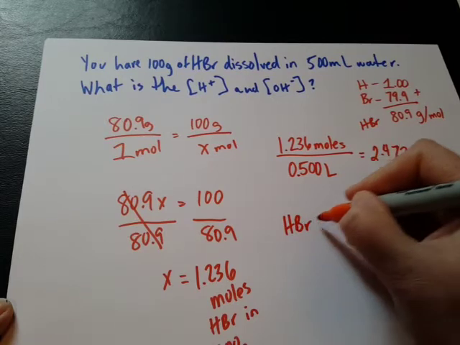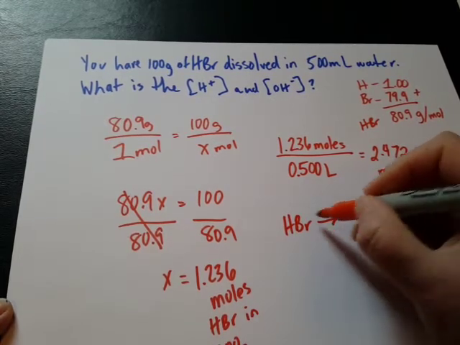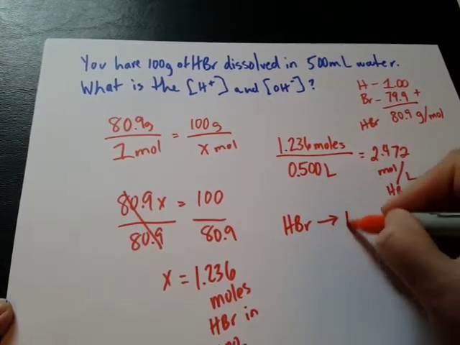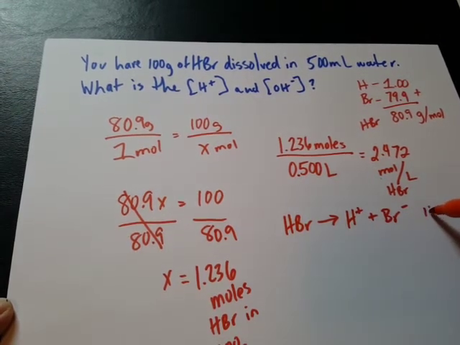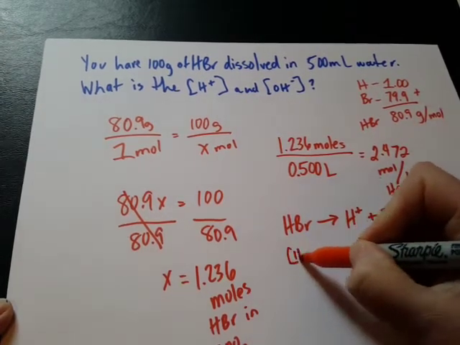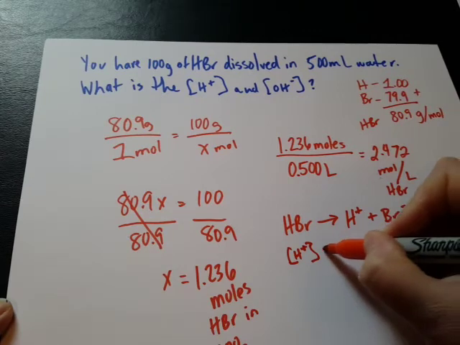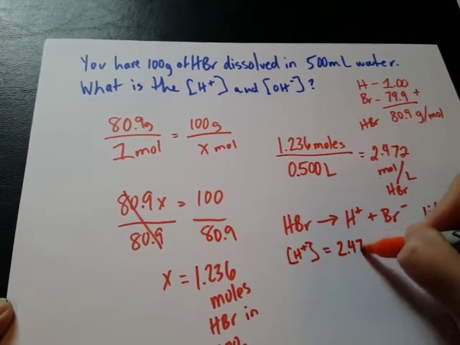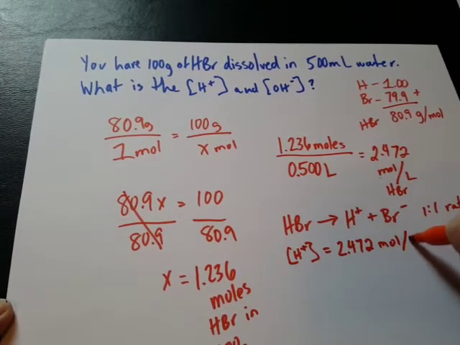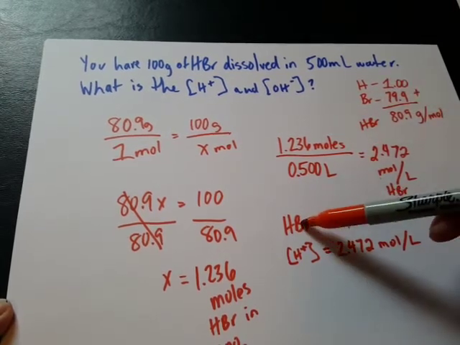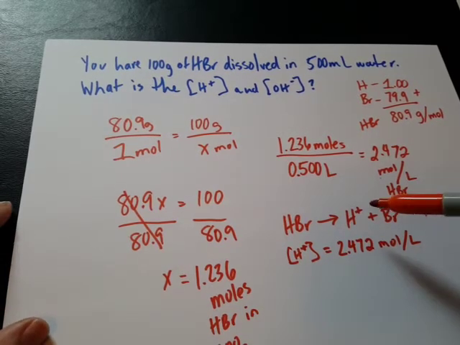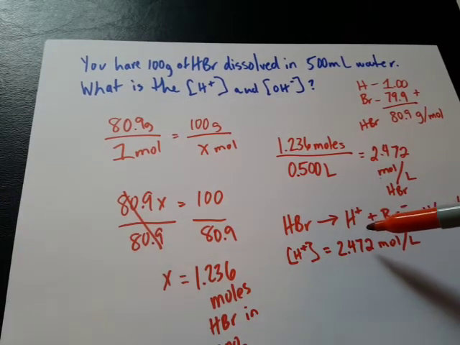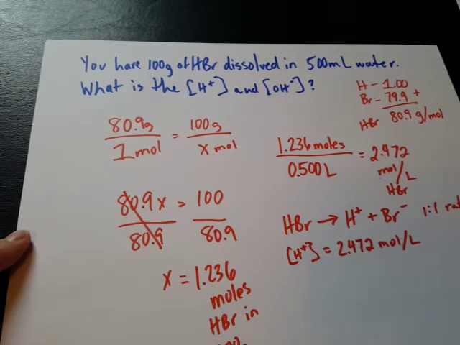If we dissociate that strong acid, it's again going to break up in a 1-to-1 ratio. So we could say that the concentration of H plus is also 2.472 moles per liter. If we have 2.472 moles per liter HBr, we will also get 2.472 moles per liter of the proton.